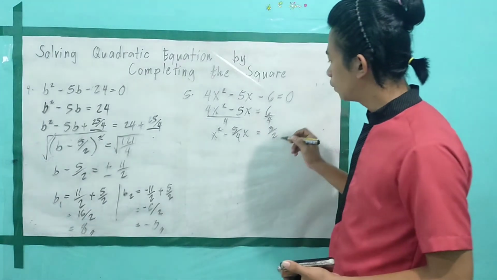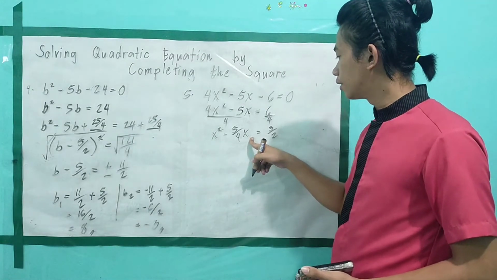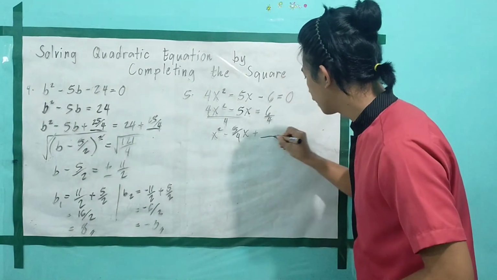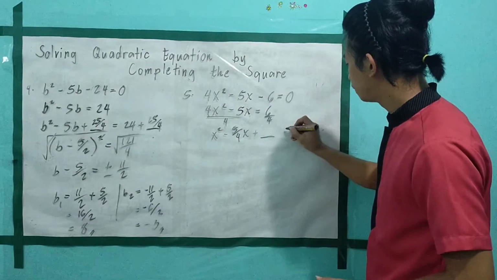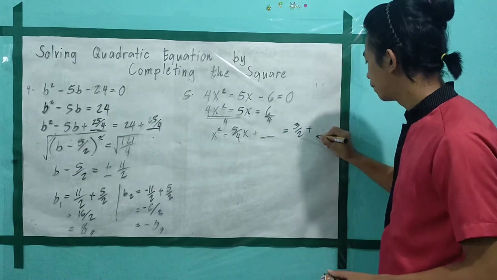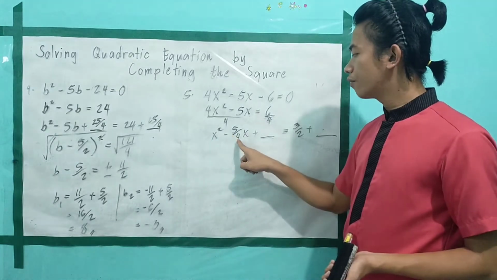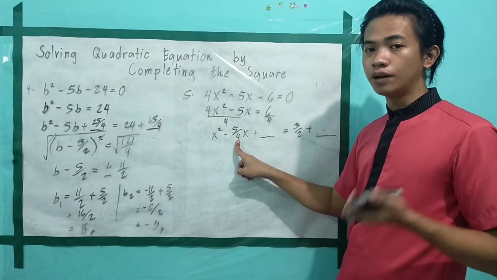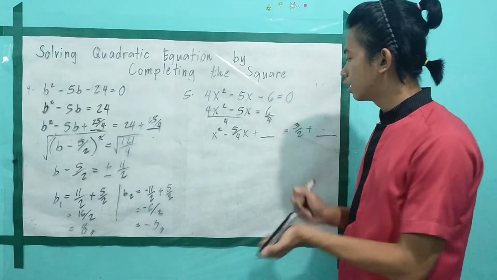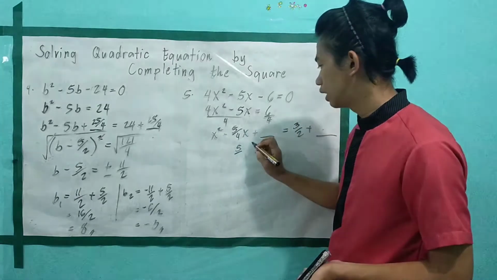And then, gawin natin siyang perfect square trinomial. Plus blank is equal to 3 halves plus blank. So, 5 over 4 divided by 2 or multiply by 1/2 magiging 5 over 8.